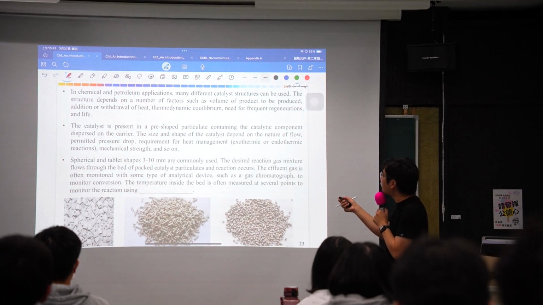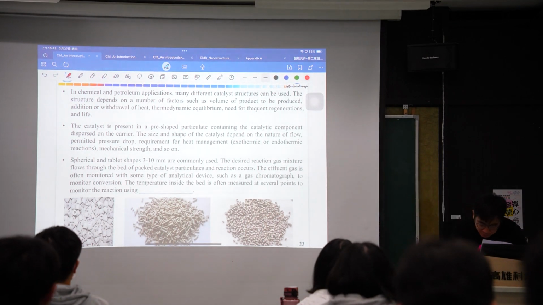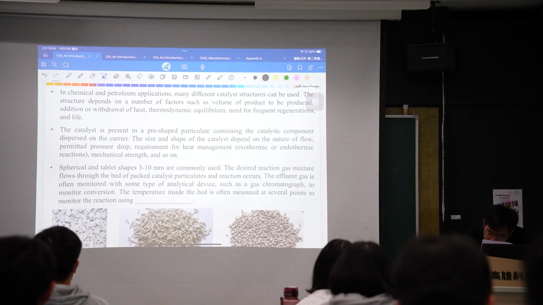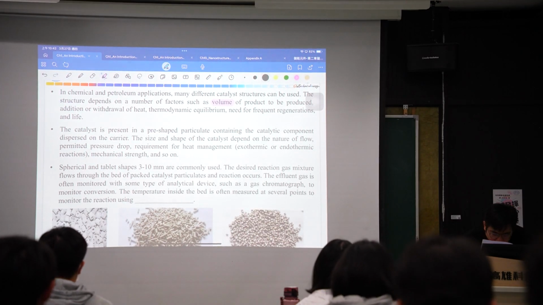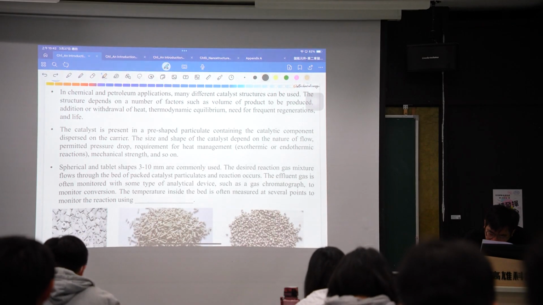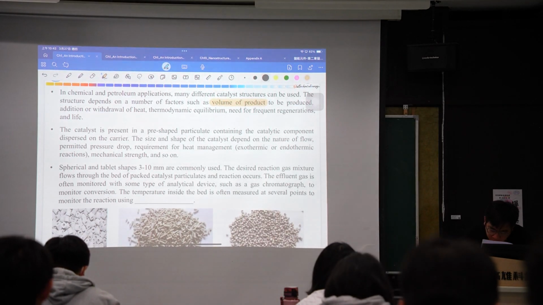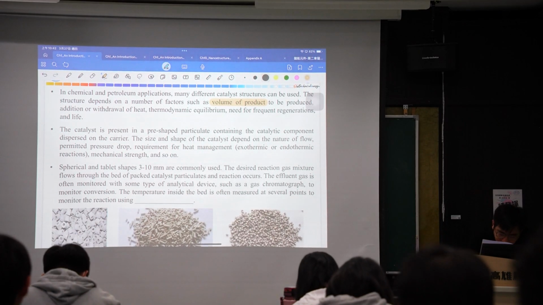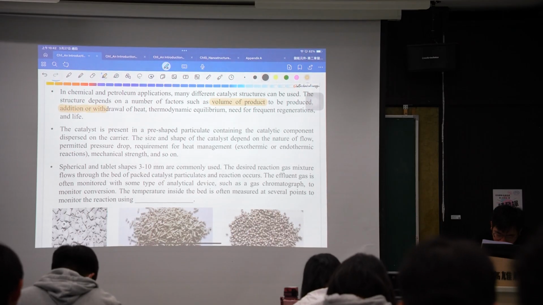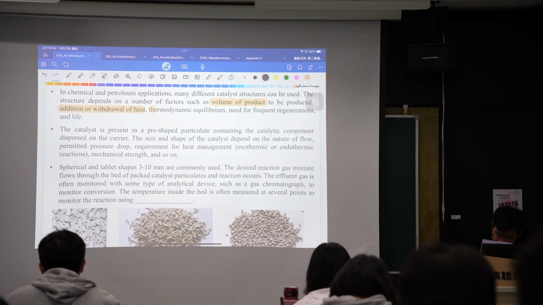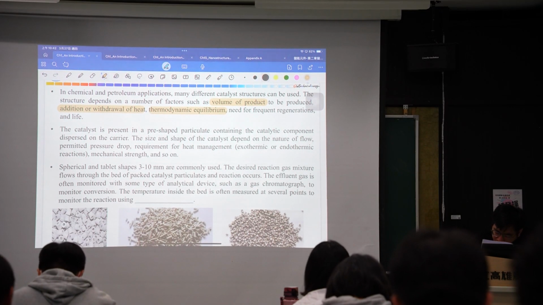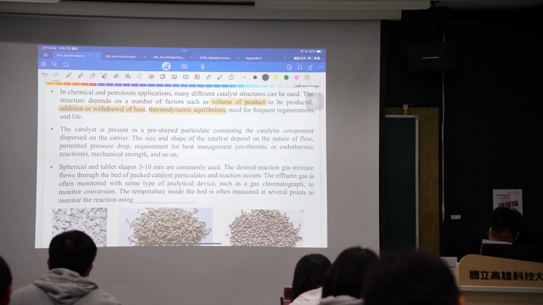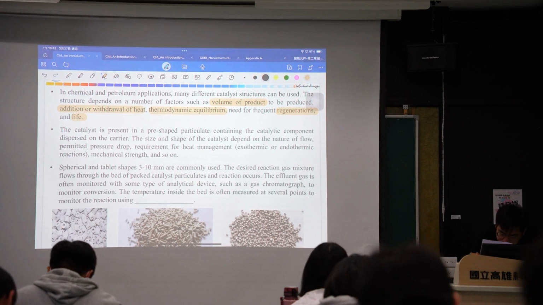Depend on a number of factors such as the volume of product, so how much volume of the product will be made, or the addition or removal of heat, or thermodynamic equilibrium, or the need for a bigger regeneration cycle, right?